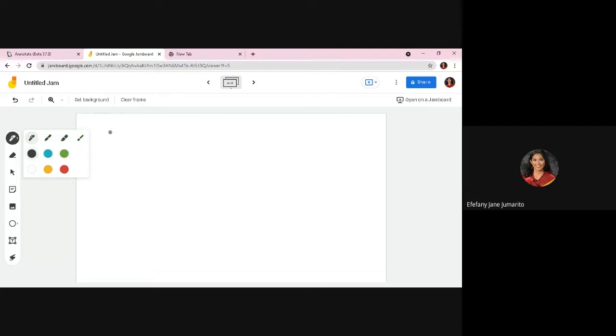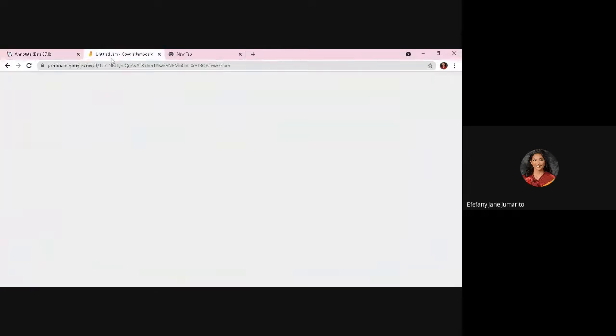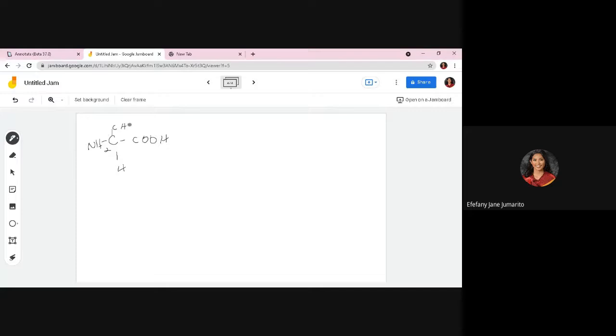We have your amino acid, NH2, COOH. Then we have your H group here, and then the R group is CH2, CH2, C double bond O, and then we have NH2.